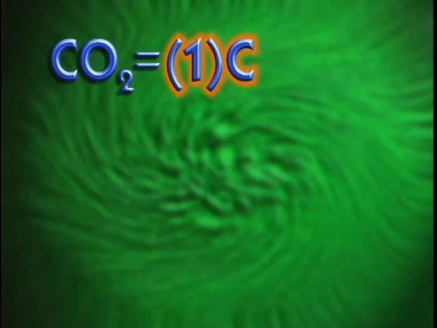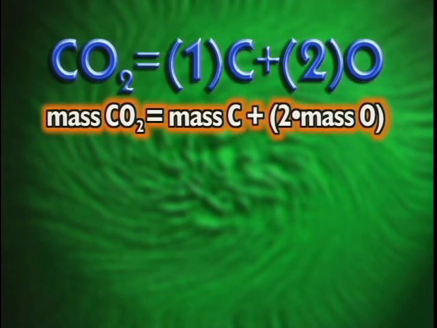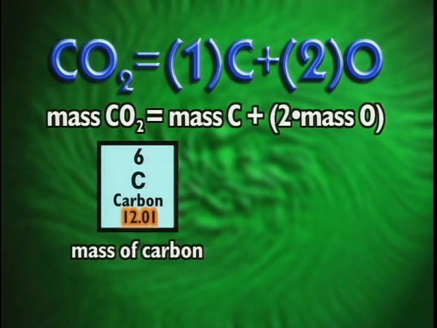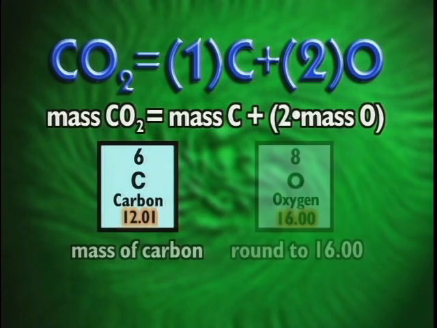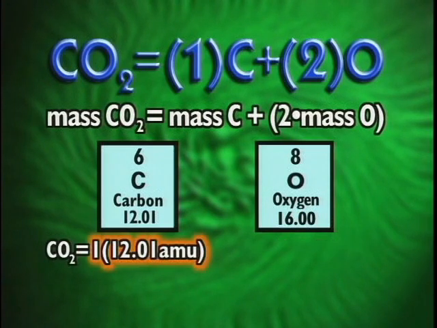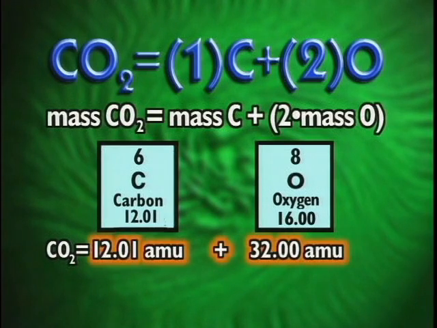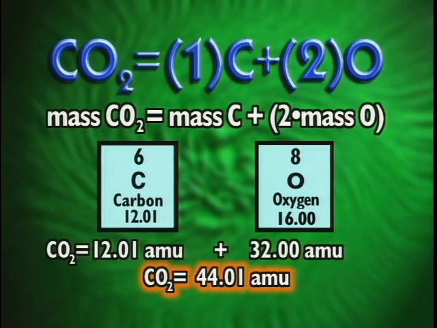CO2 is made of 1 carbon atom and 2 oxygen atoms, so the mass of 1 molecule of carbon dioxide equals the mass of 1 carbon atom plus the mass of 2 oxygen atoms. 1 times 12.01 AMUs plus 2 times 16.00 AMUs equals 12.01 AMUs plus 32.00 AMUs. That gives us 44.01 AMUs.